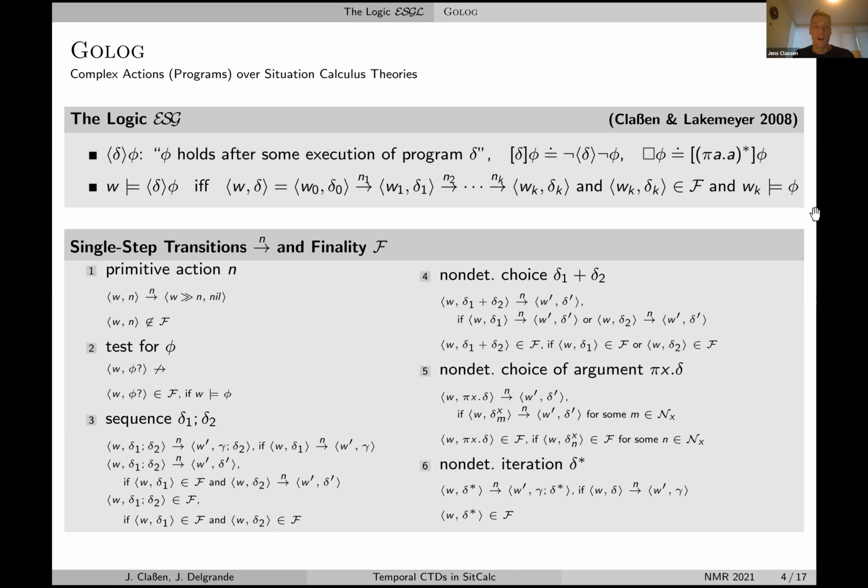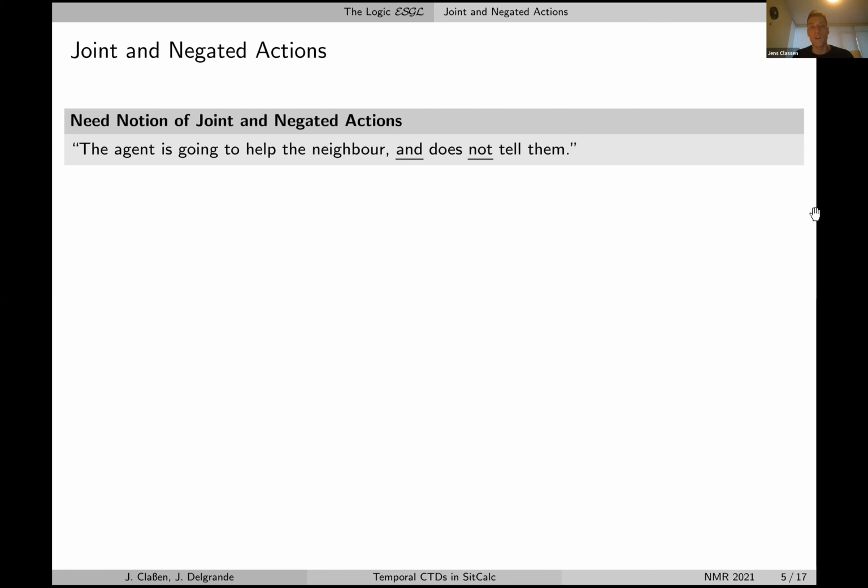And so this is pretty much what we are given, and which is a very popular formalism for reasoning about action and change. But for this very specific purpose of talking about these contrary-to-duty obligations, this is not sufficient. We need, in addition, some sort of notion of joint and negated actions.